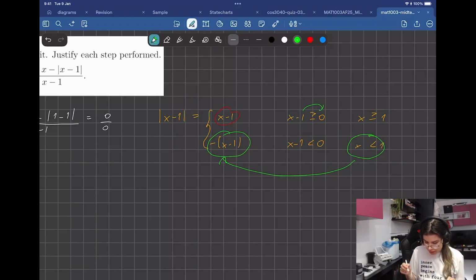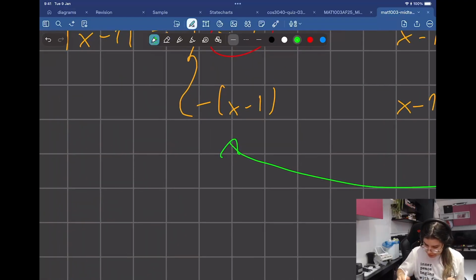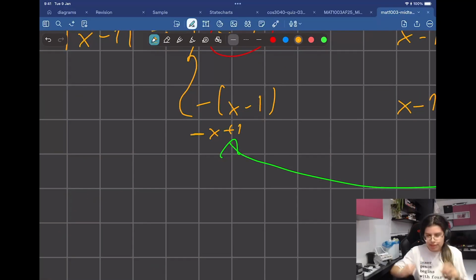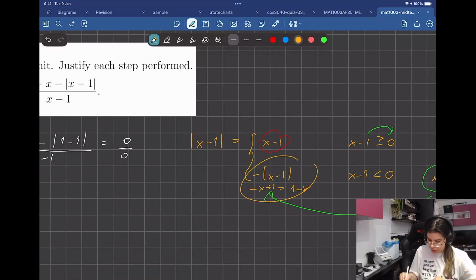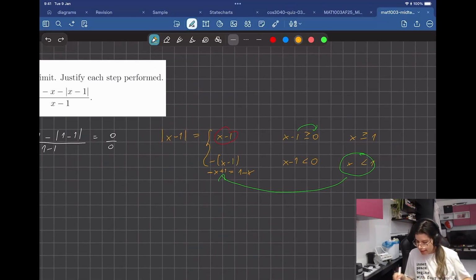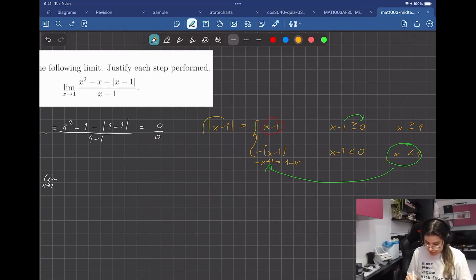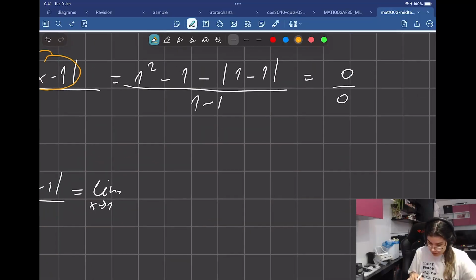Minus x minus 1. By the way, I could also rewrite this as minus x plus 1, just expanding the brackets, or 1 minus x, whatever works for you best. These are all equivalent, okay? So because I know my x in this case will be less than 1, I can safely assume that instead of this modulus, I can just write down 1 minus x and it's going to work, okay?